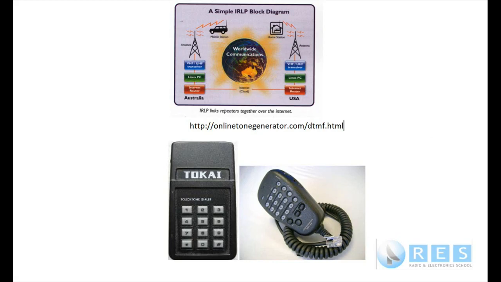Another DTMF code the repeater could report back the wind speed or the temperature and so on. So DTMF tones are audible, and they are used to control repeaters, to get information from repeaters and to connect repeaters to one another.